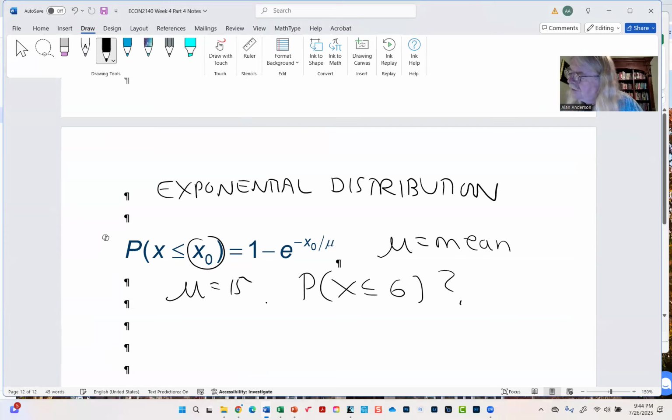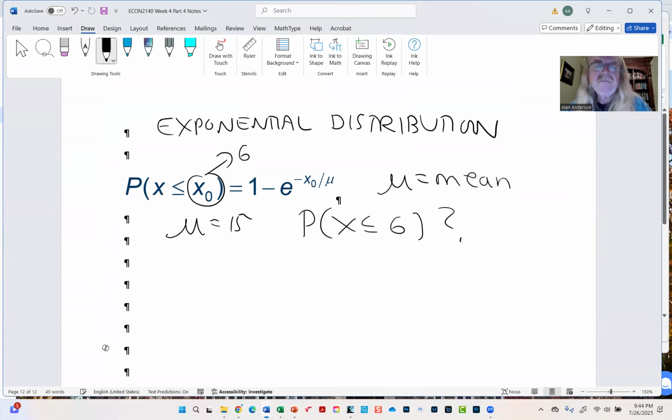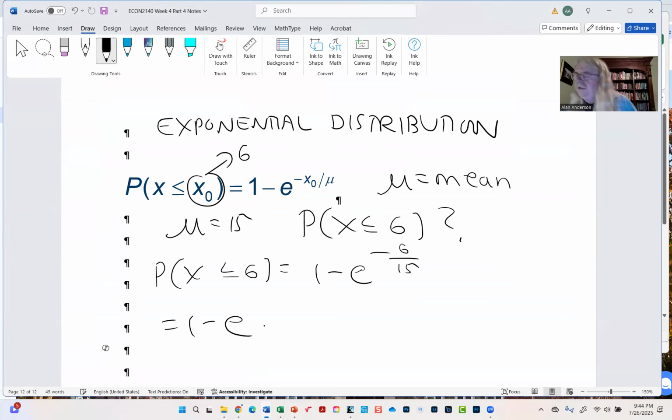So this X0 is the 6. Okay. So look how simple this is. Now, of course, 6/15 is equal to 0.4.